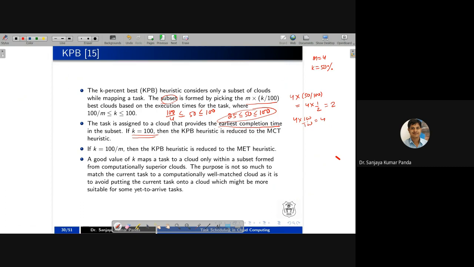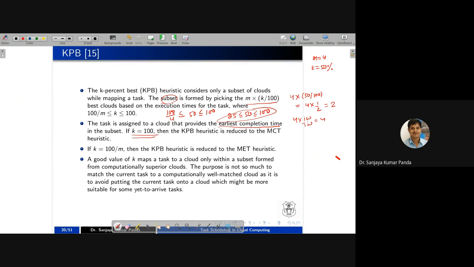So if K is equal to 100, then the KPB heuristic is reduced to the MCT heuristic. The principle of MCT is applied to KPB if it is 100%.